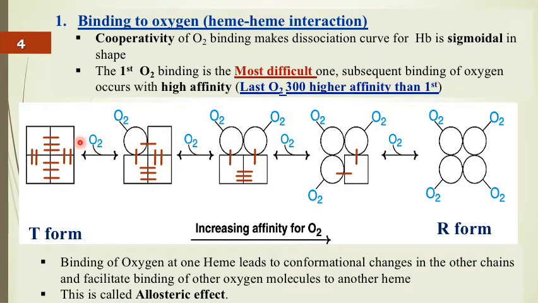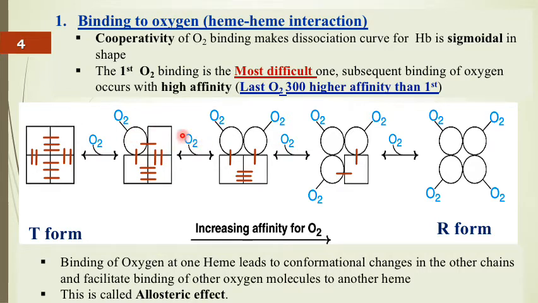When the first oxygen molecule binds to the first heme in the first polypeptide, it breaks 25% of the chemical bonds found inside the four polypeptides, inside the hemoglobin. So the first oxygen atom faces all the chemical bonds. So it is most difficult for the first oxygen atom to bind to the first heme, okay?